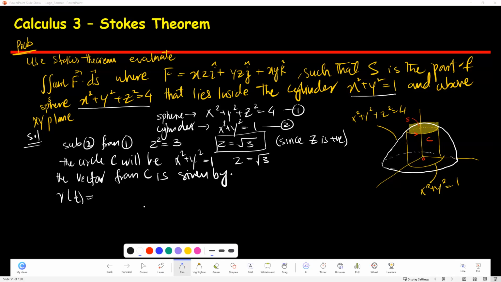So basically Stokes' theorem is a combination of the line integral theorem and the surface theorem. They are just a combination of the two. And r(t) is going to be cosine t i plus sine t j plus square root of 3 k.